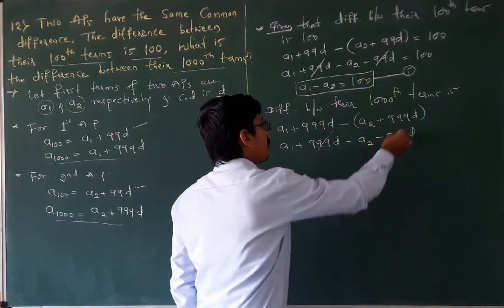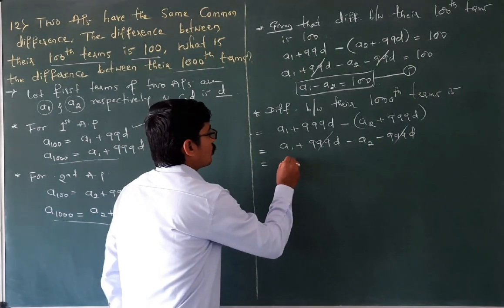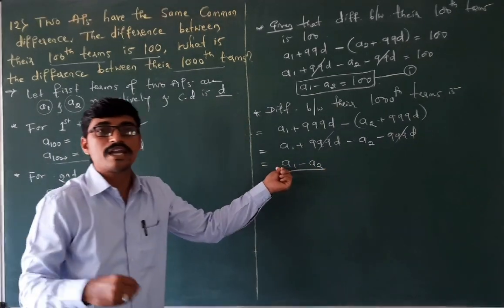So plus 999D and minus 999D cancel. What it means here is equal to A1 minus A2. So here we obtained A1 minus A2.